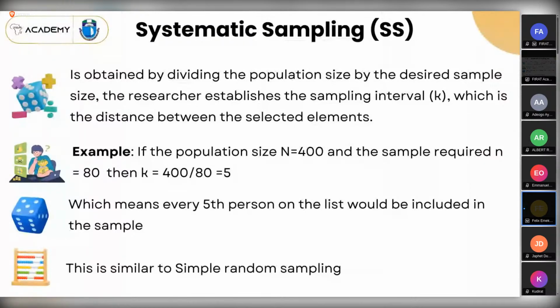Then after you've picked your first sample, you start counting. The first woman comes, second woman comes, third woman comes, fourth woman comes. The 5th woman that comes, you recruit for your study. You start counting again, 1, 2, 3, 4, 5. The 5th, you recruit. So you recruit every 5th person that comes into the clinic. That's systematic sampling. All right?